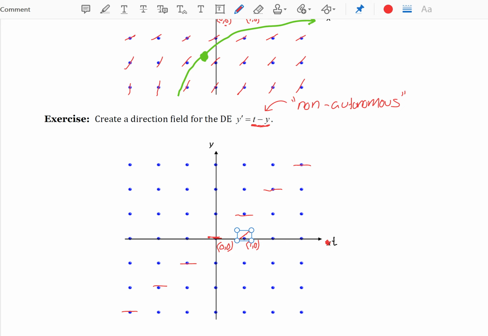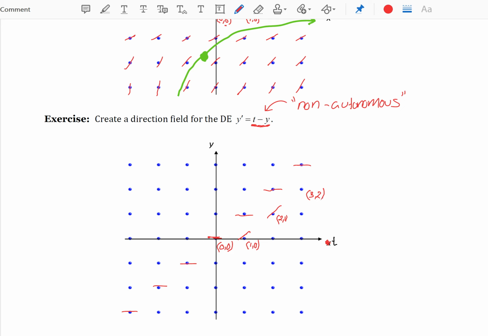Similarly, if I considered the point, what is this, 2, 1? T is 2, Y is 1. Then 2 minus 1 would still be a slope of 1. This would be the ordered pair 3, 2. T is 3, Y is 2.